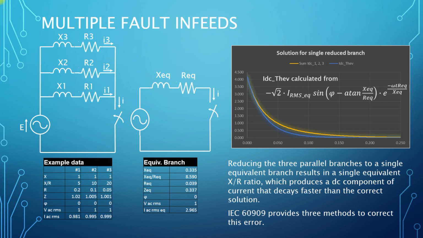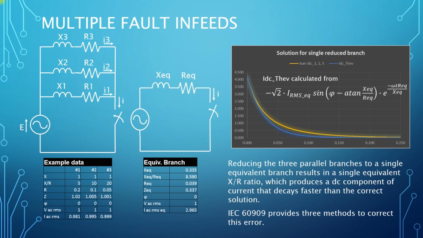And when we compare this with the sum of the DC currents which we calculated in the full network with three branches, we can see that the equivalent branch approach overestimates the rate at which the DC current decays. And we can see that at time equals 50 milliseconds, there is actually quite a significant error between the two calculation methodologies.